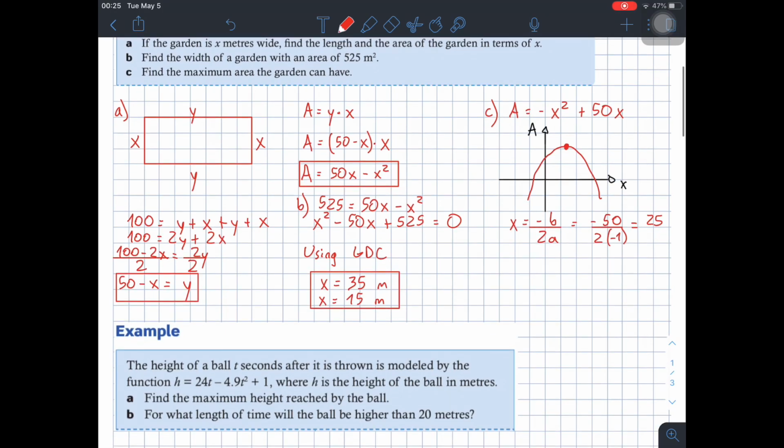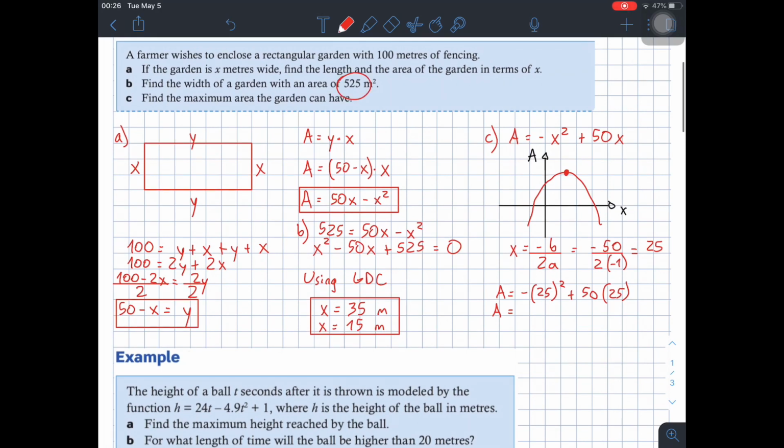So the maximum area would be equal to negative 25 squared plus 50 times 25. And if you solve this using a calculator, we should get a value greater than 525 because we're talking about a maximum value. So this is negative 25 squared plus 50 times 25, and this gives us 625 meters squared.